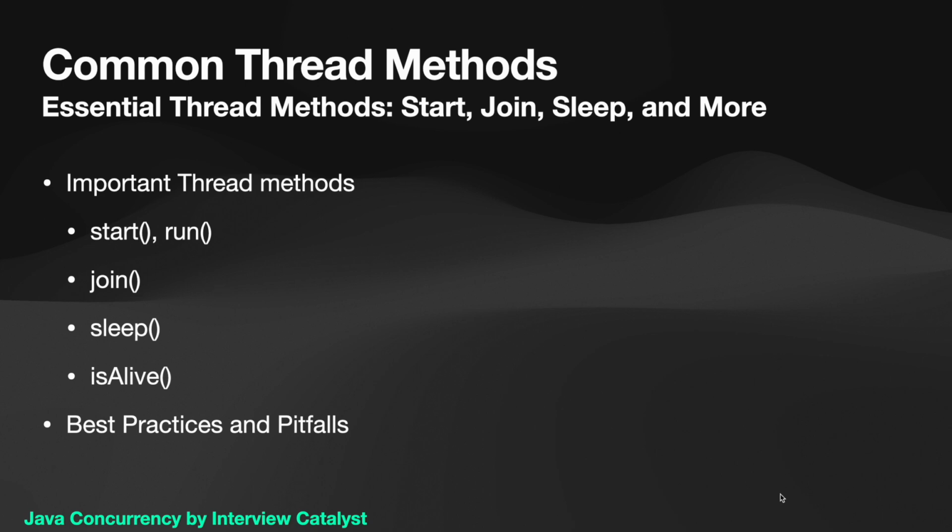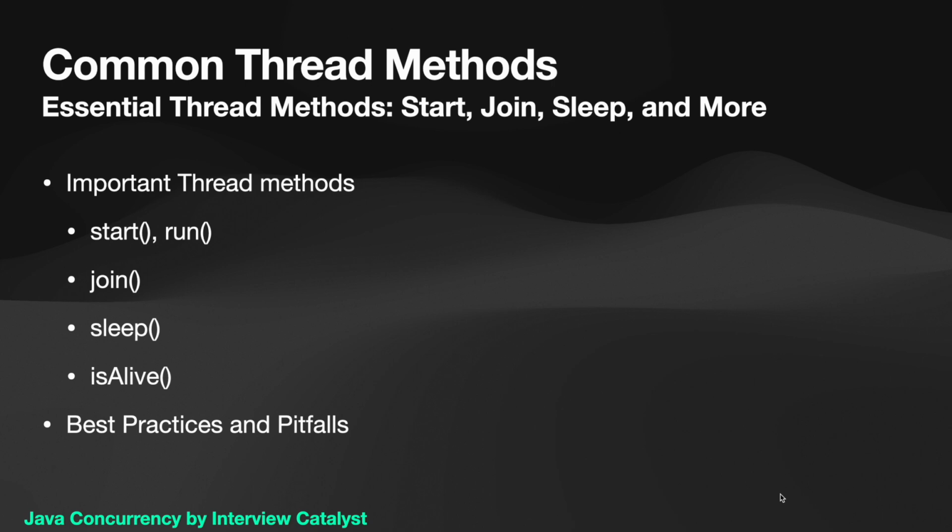Join method. The join method allows one thread to wait for another to finish before proceeding. When thread A calls the join method on thread B, thread A will pause until thread B completes its execution. When we have two threads, thread A and thread B, we call the start method on both of them and then we call threadB.join.